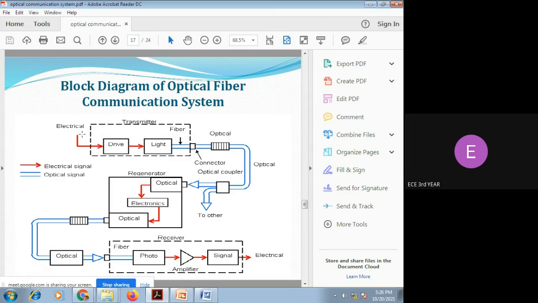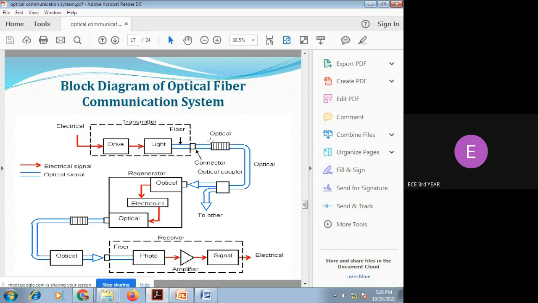The drive circuit drives the electrical signal to the light source section, which will be an LED or a laser. The LED or laser generates the light signal based on the electrical signal and passes it through the fiber optic cable using the fiber optic connector.